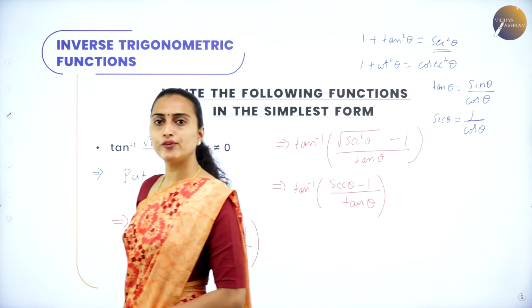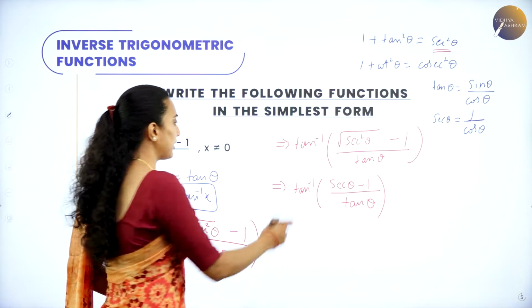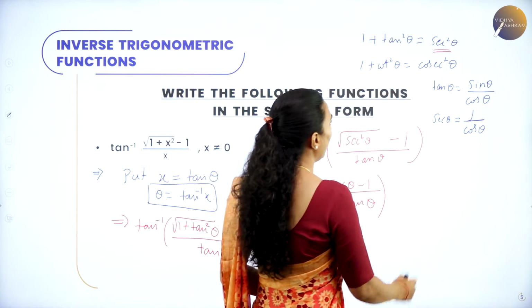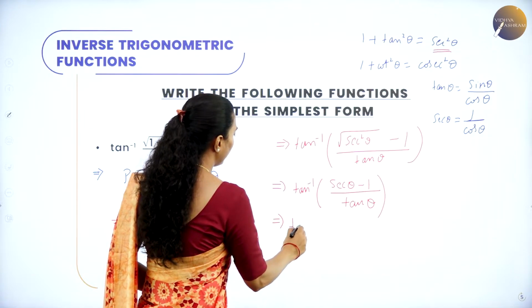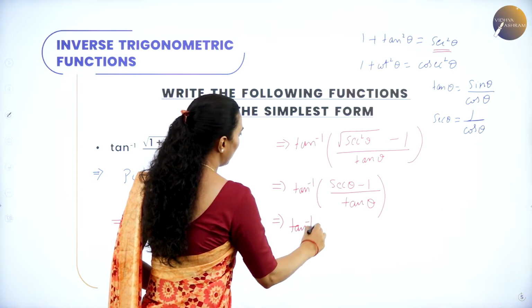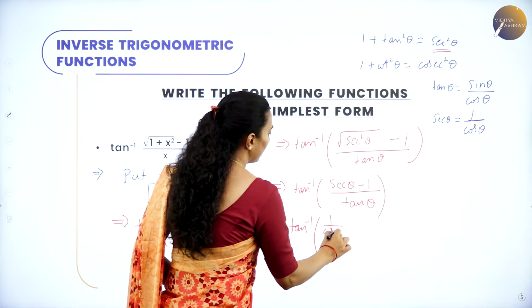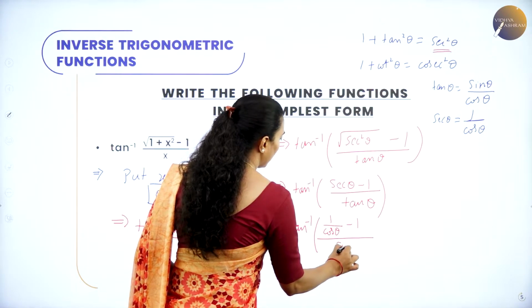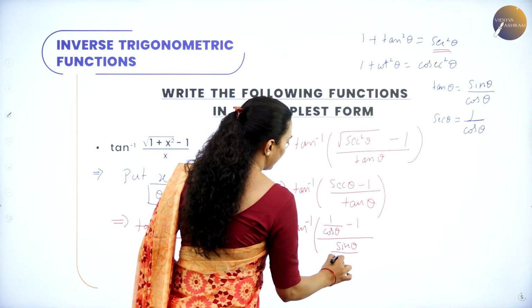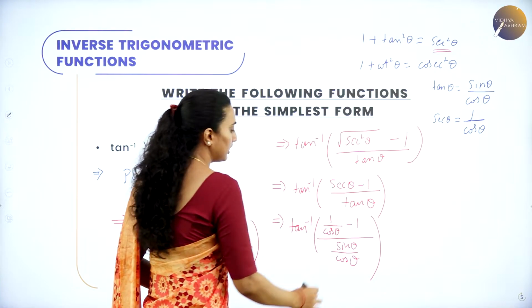Tan theta in terms of sine and cos is sine theta by cos theta. Therefore, substituting that, I can have tan inverse of 1 by cos theta minus 1, divided by sine theta divided by cos theta. Correct na? Here cos theta is the LCM.